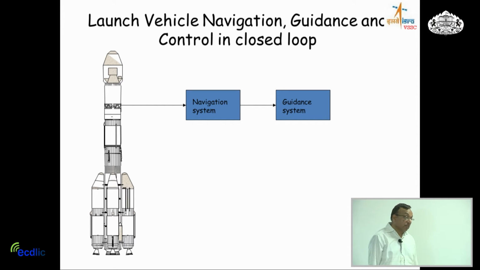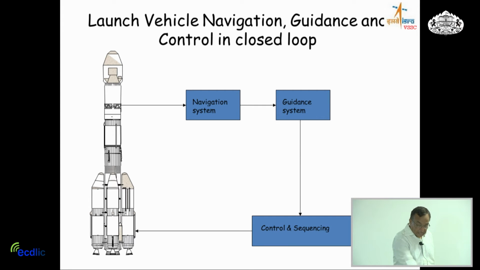The guidance system tells the launch vehicle how to reach where it has to reach, and that gives input to the control system and sequencing for staging, and so the commands go back to the rocket.